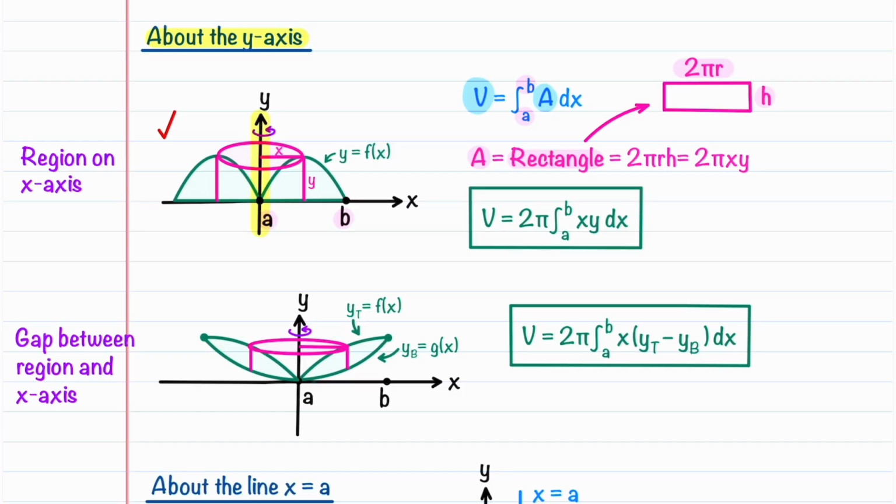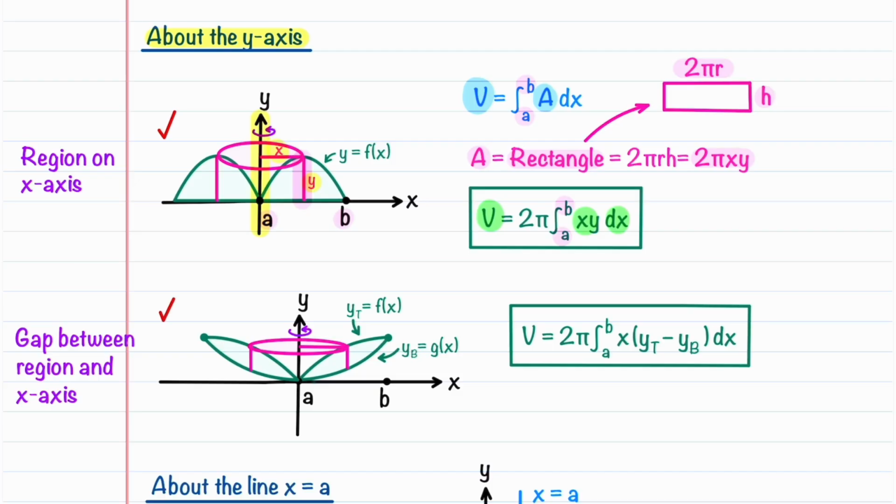If we look back at our diagram, you can see that the radius is going to be x and the height is going to be y, so our cross-sectional area is just 2 pi times x times y. The volume for the solid of revolution can then be found using this formula. It's equal to 2 pi times the integral from a to b of xy times dx. The thickness of each shell is dx.